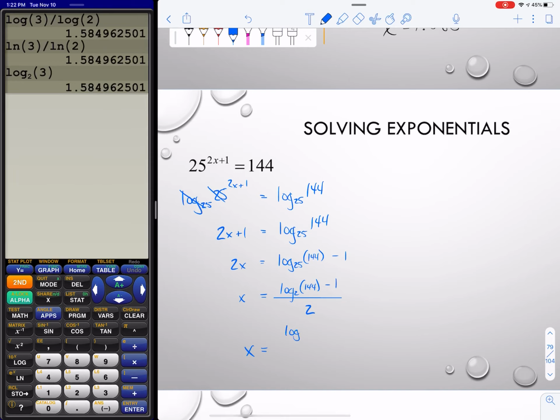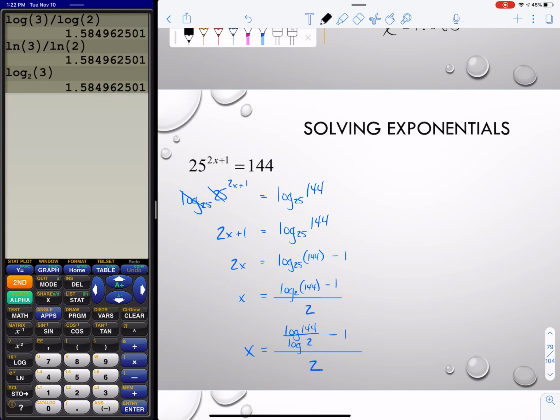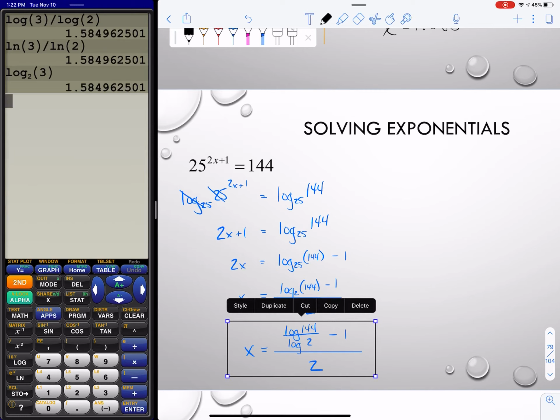So I'm going to have log of 144 divided by log of 25 minus the 1, all divided by 2. This is the final answer, okay, in its exact form. Or I should say in an exact form. This is not the only form.